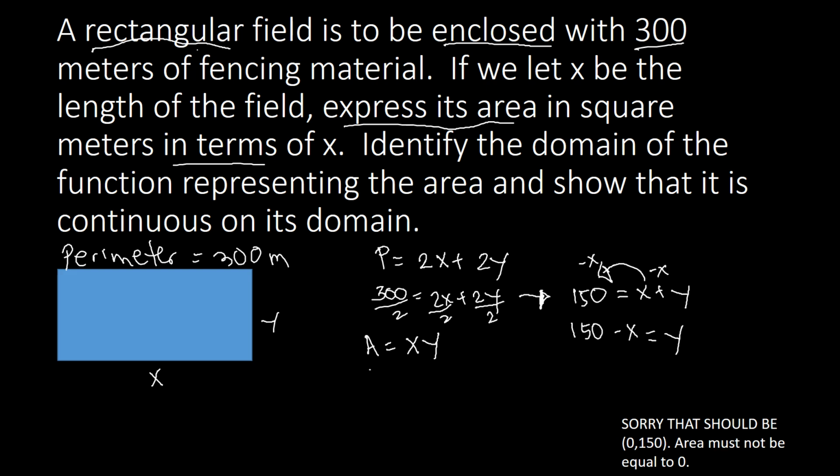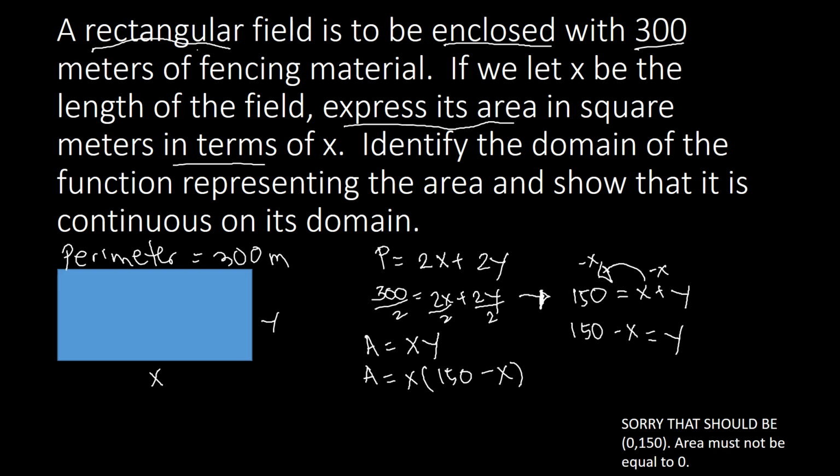So let's plug in our y. We have A equal to x, and our y will be replaced by 150 minus x. Now do not bother distributing the x here, because what we're aiming for is to solve for x.